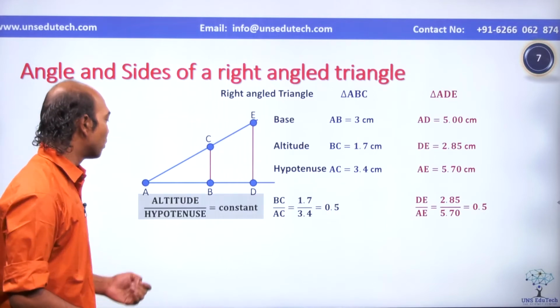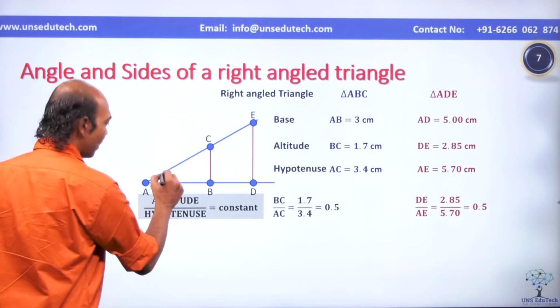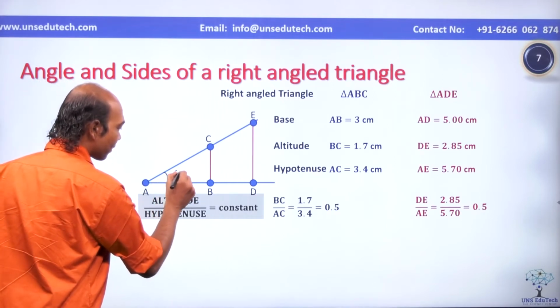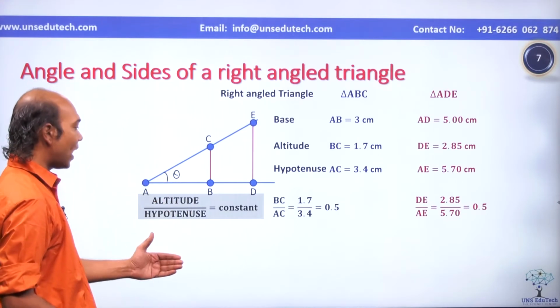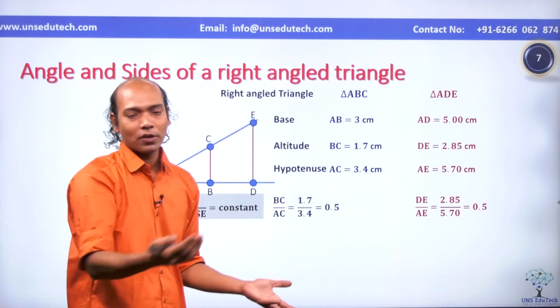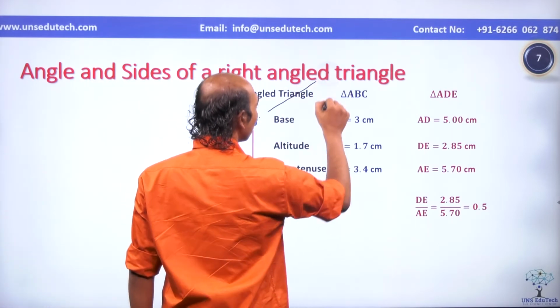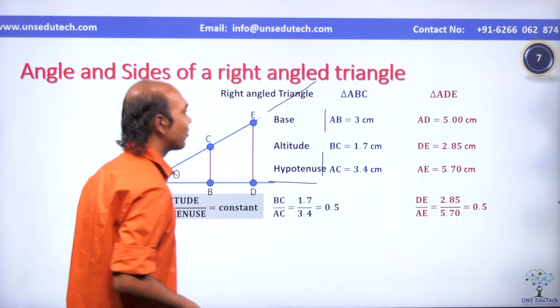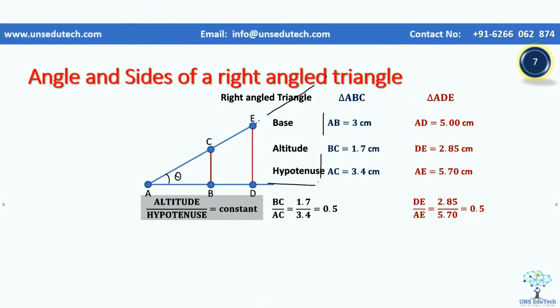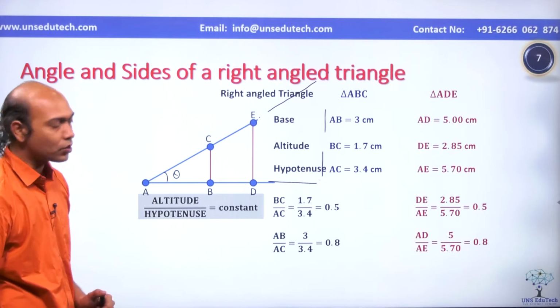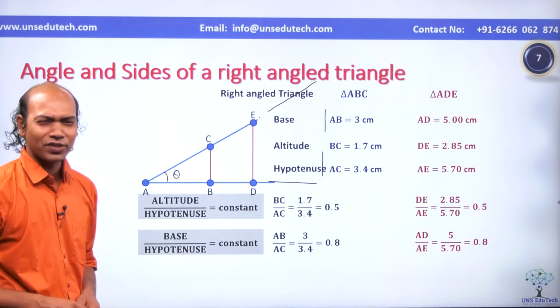For any angle, if I call it theta, altitude by hypotenuse for any such triangle is constant. Now, if I extend this line and we get another big triangle, in that case also altitude divided by base is constant. Take the second one, base by hypotenuse. In that case also it's more or less constant.